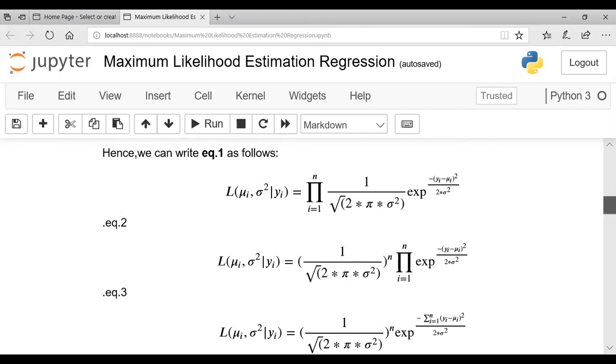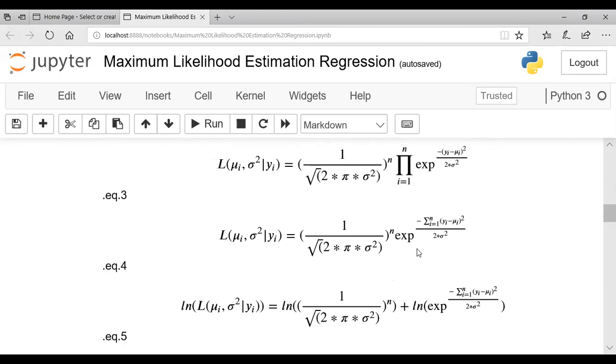So it will be 1 by 2 pi sigma square to the power n, times e to the power summation, because this is e to the power minus y1 minus mu1 whole square divided by 2 sigma square, multiplied by e to the power minus y2 minus mu2 whole square divided by 2 sigma square. e to the power x1 multiplied by e to the power x2 is nothing but e to the power x1 plus x2. So this is e to the power minus summation of yi minus mu i whole square divided by 2 sigma square.